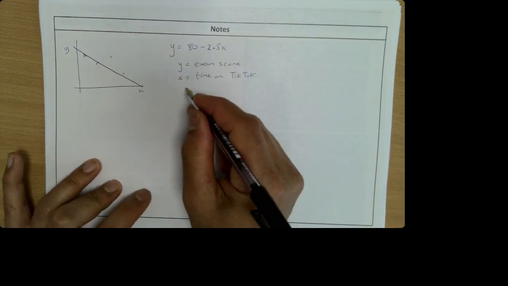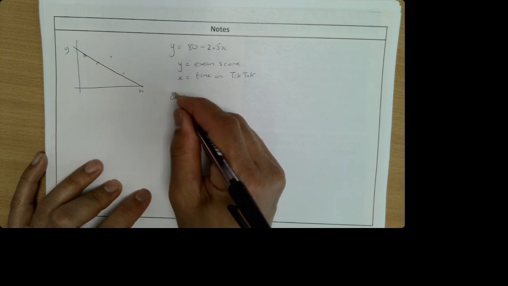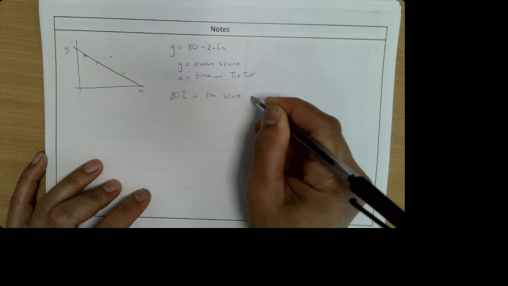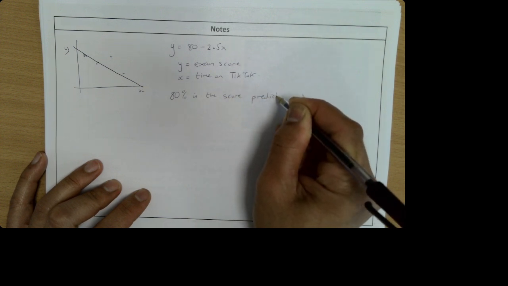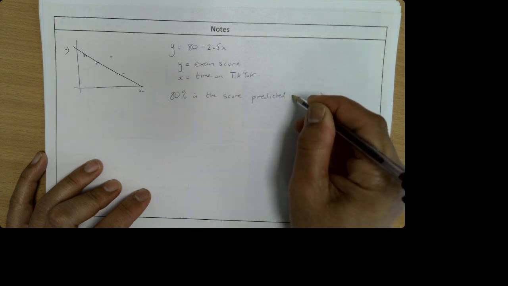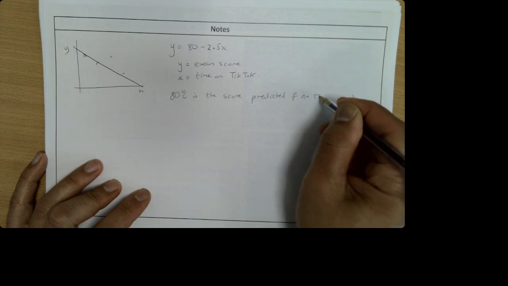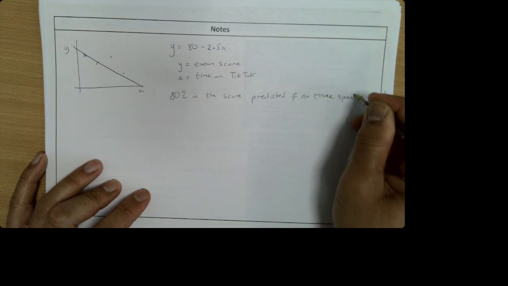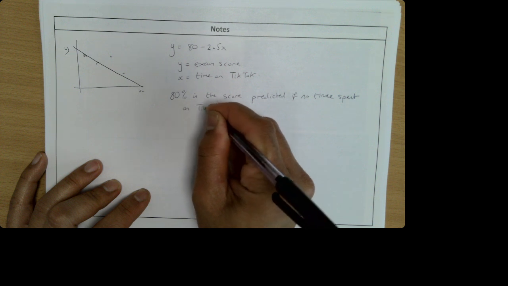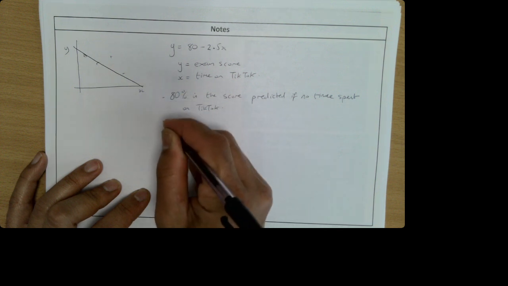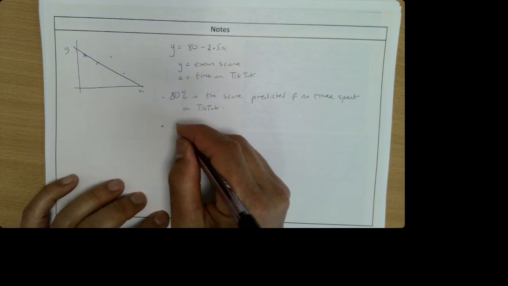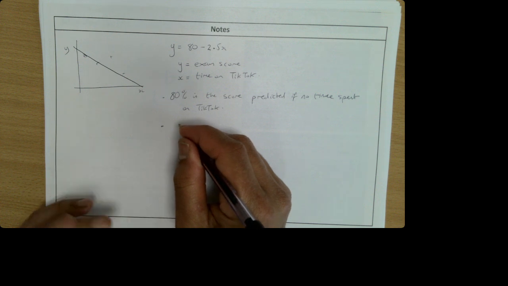Then this would say that 80% is the score predicted if no time spent on TikTok. And the minus 2.5 would mean, that's negative, so that would mean you go down or lose or decrease.